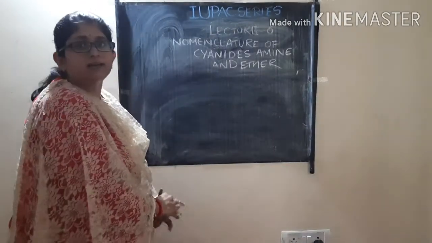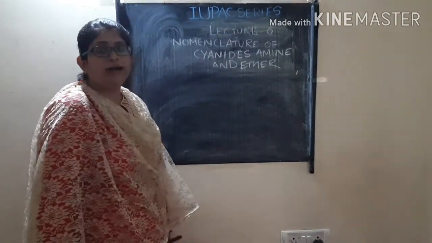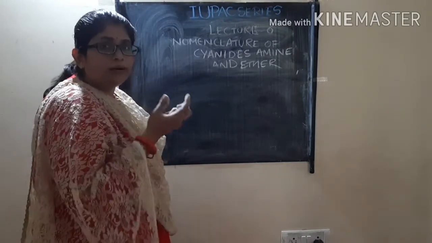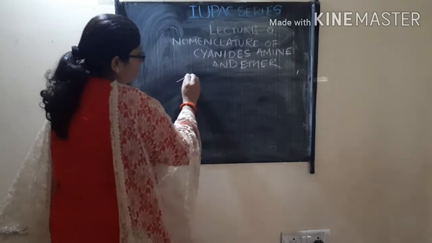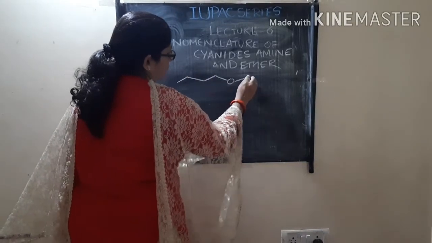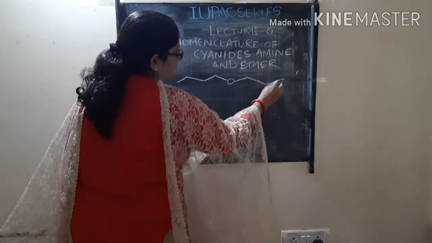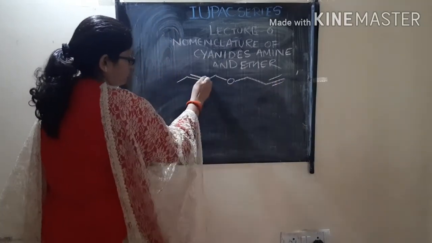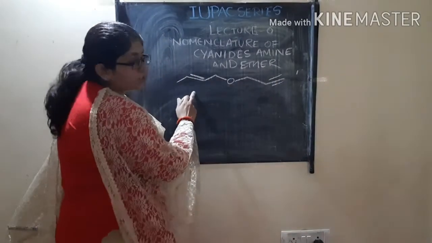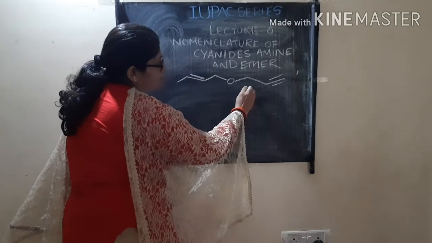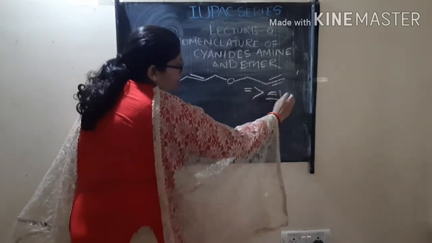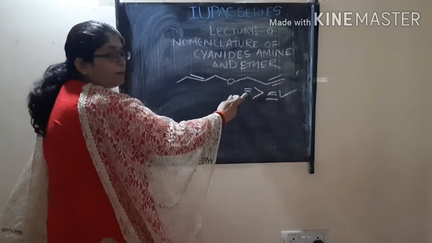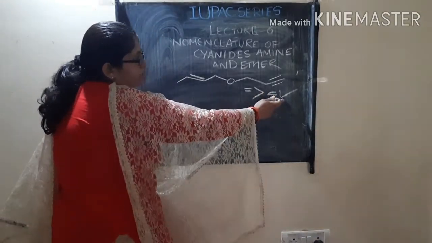Now I will take some examples with triple bond and double bond, to see which will be the main chain. Okay. The rule says that double bond gets the priority over triple bond.